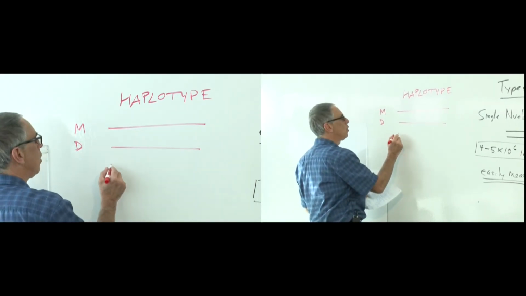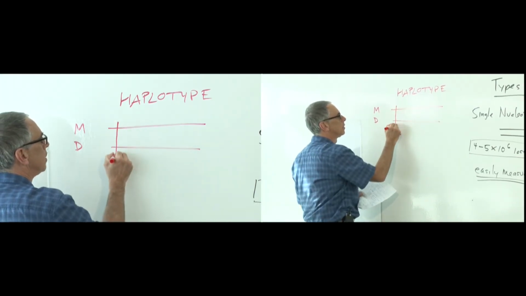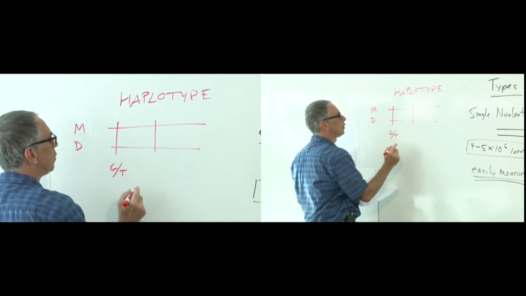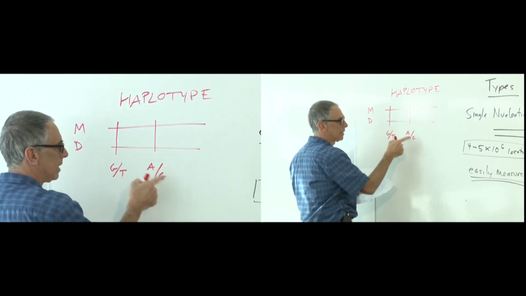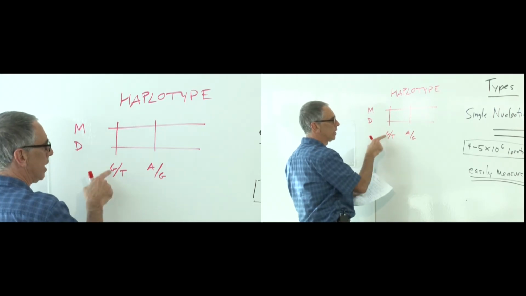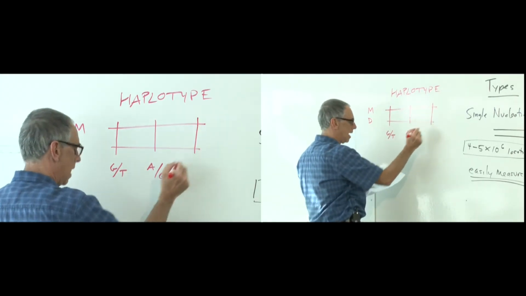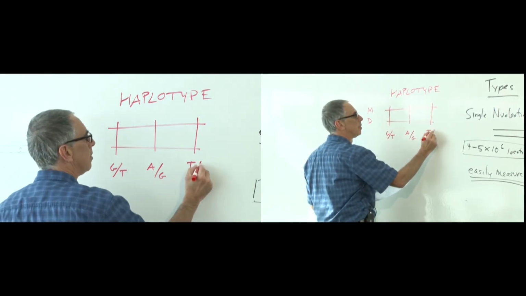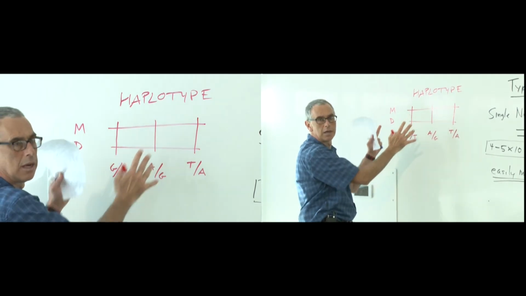And we see that you have a GT SNP at position 1. At position 2, you have an AG SNP. Mom and dad, one gave you an A, one gave you a G. Here, one of them gave you a G, one of them gave you a T. And then a SNP that's a TA SNP. Everything else is identical in this little loci of DNA.